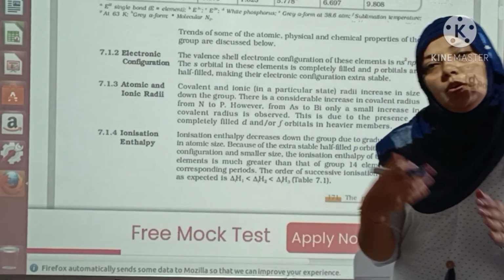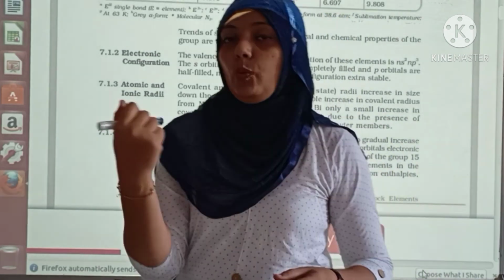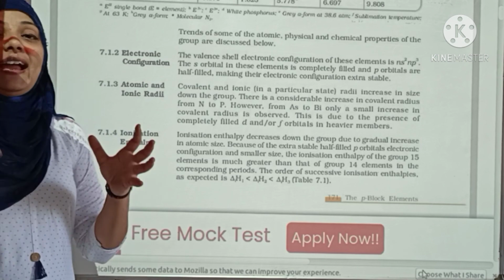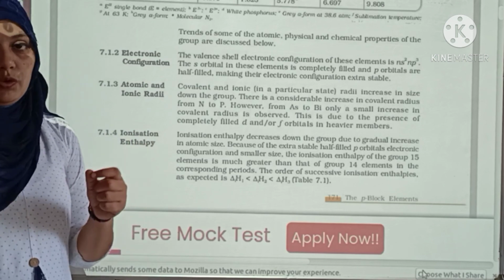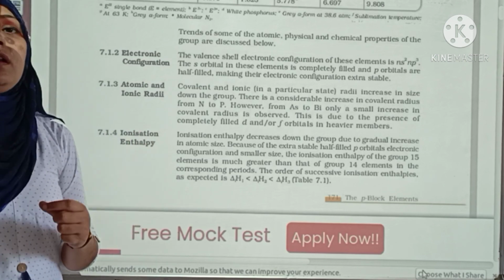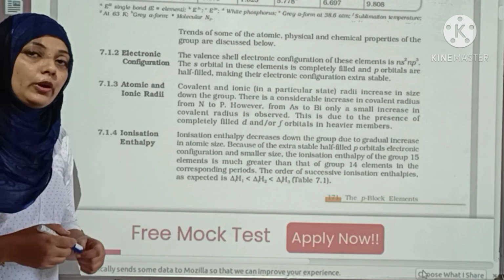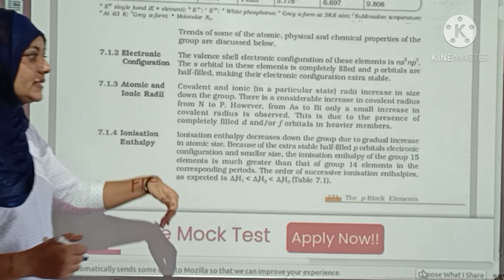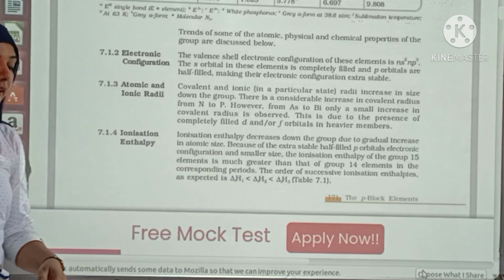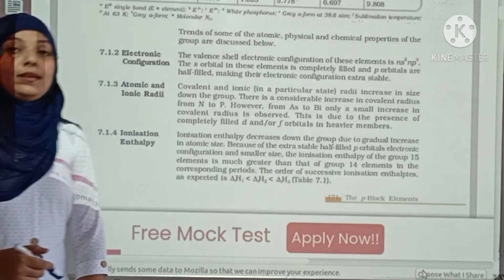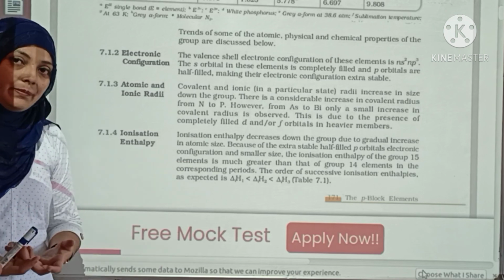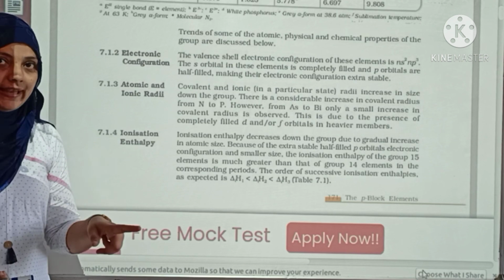When we are moving along the period, the atomic size decreases. When the atomic size is decreasing, the electron will be more near the center, and in that case, you have to give more energy. So that is why your ionization enthalpy is much greater compared to your group 14. As I said, compared to group 14, group 15 is more stable. Why is it stable? Because of the half-filled shell. Is it clear?